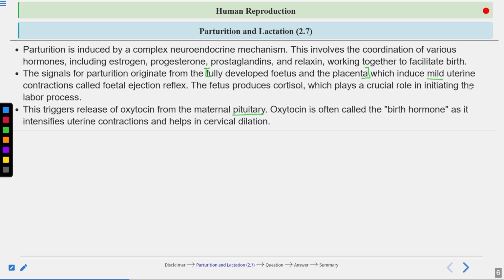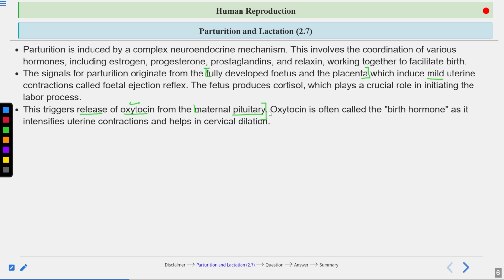Now how are stronger and stronger contractions created? Initially mild contractions are created, but these are not enough for expulsion of the fetus. You need strong contractions. So these mild contractions trigger release of oxytocin from the maternal pituitary gland. Oxytocin is a hormone released by the pituitary gland, which is an endocrine gland.